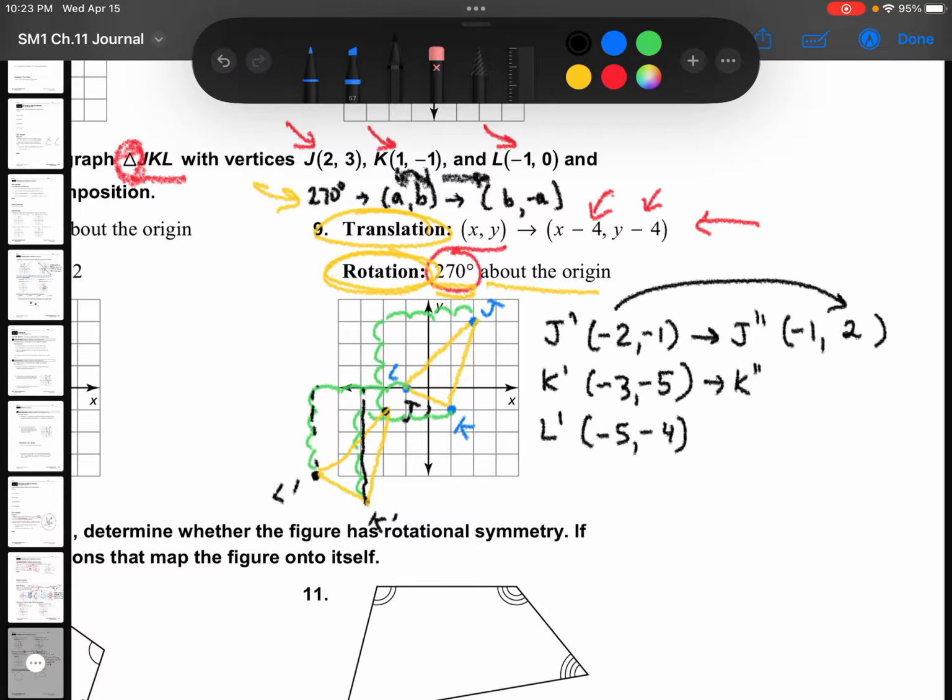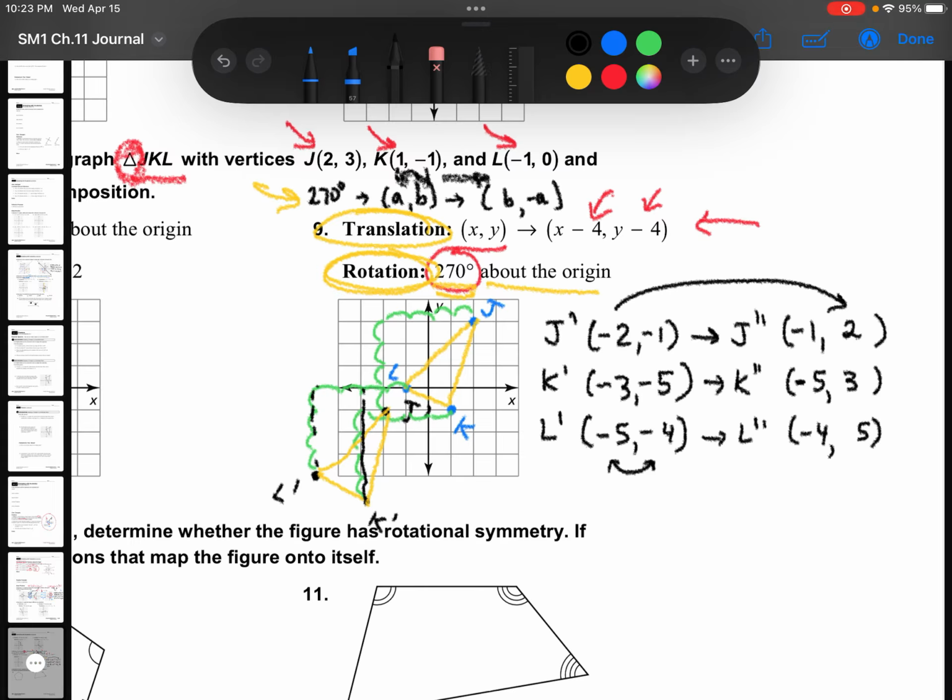Then K double prime, negative 3 is going to be on the other side, but as a 3, and negative 5 remains the same number. And L double prime, we're going to swap them. We have now a negative 5 over here, whereas, oh, sorry, not a negative 5. It has to be a 5, right? And then we have a negative 4 right here.